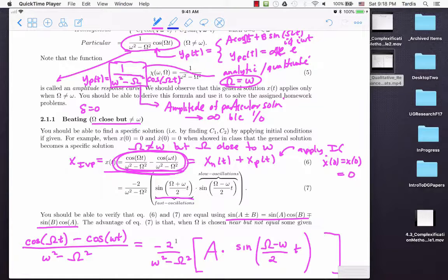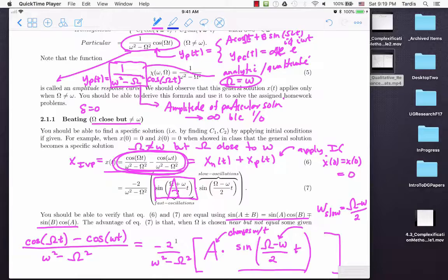But what we're seeing here is that this amplitude changes with time. So this term right here is what I'm calling capital A, the amplitude of this trig function, and the frequency of this trig function, which I'll call the slow oscillation, is capital Omega minus little omega over 2.